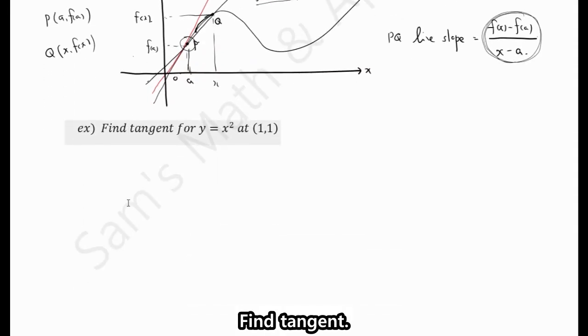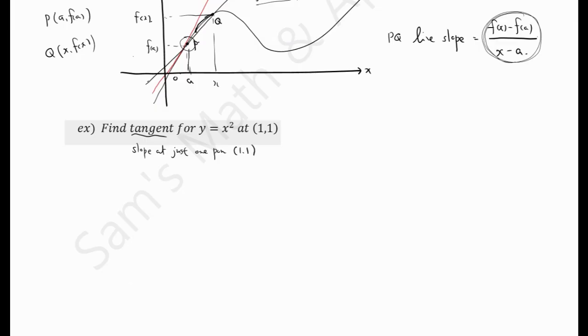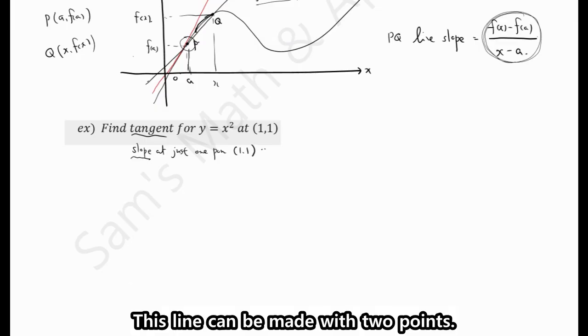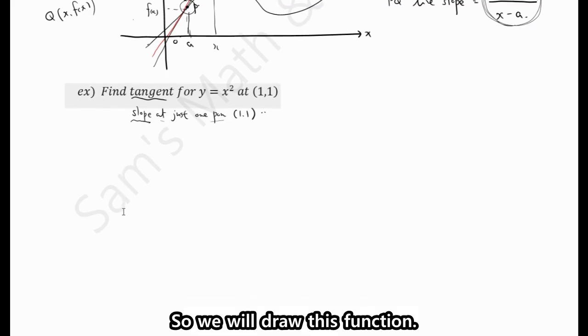Find the tangent. Tangent means slope at just 1 point, (1, 1). The slope exists in a line. This line can be made with 2 points, but our purpose is to find the slope at just 1 point. So we will draw this function.